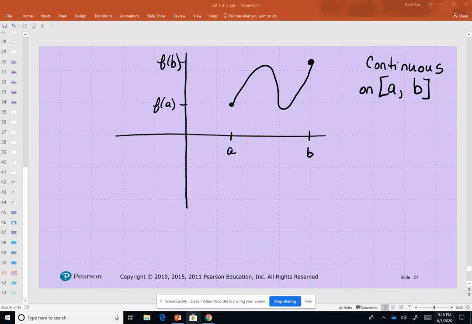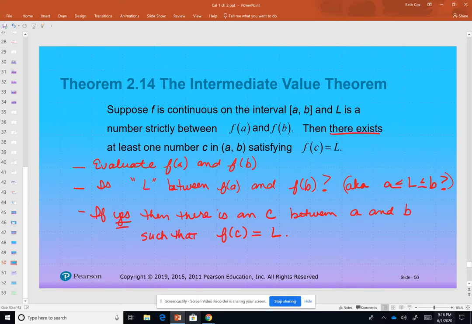And so what they're saying is that there is some y value L in between those two that must have at least one possible point between the two. At least one. If you go back and look at it, it's got that at least one idea in there. It says there exists at least one number that when I plug in to C, I get that number.